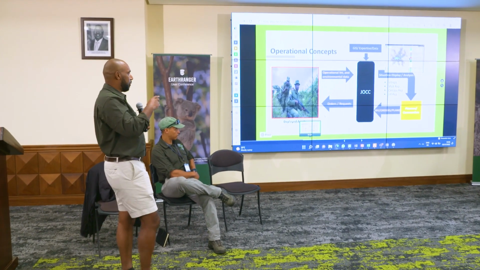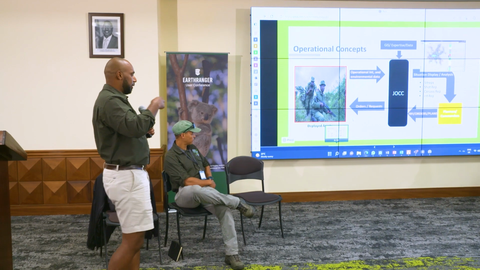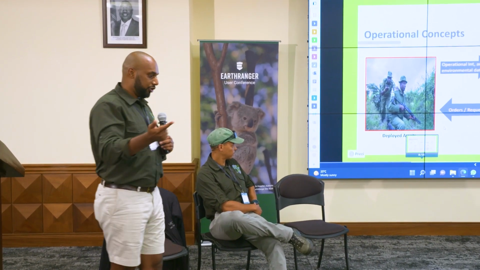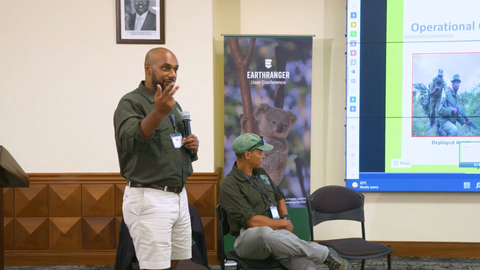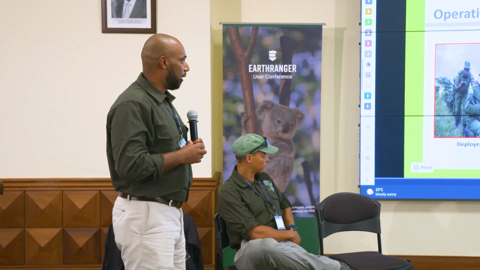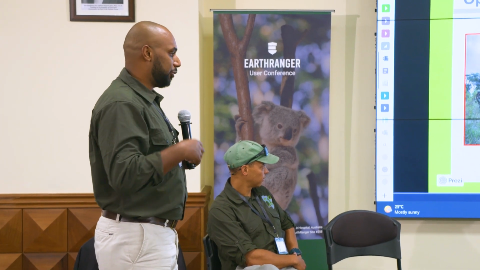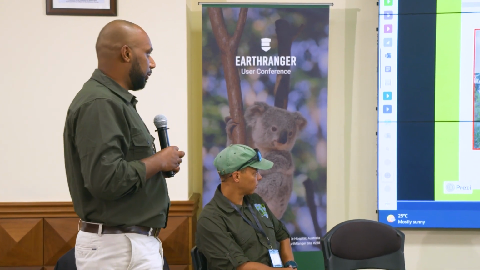Then it goes through a situational display, analysis or geospatial tool, like EarthRanger, ArcGIS, Esri, all different kinds of products, producing SITREPs, SHOTREPs, carcass reports, intelligence reports, and all the other reports that we formulate.